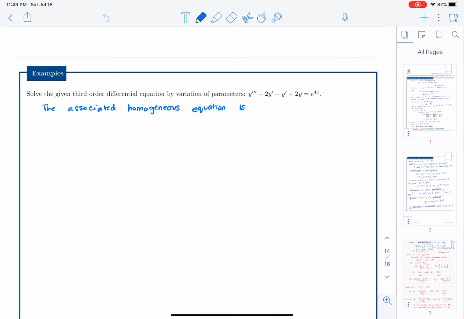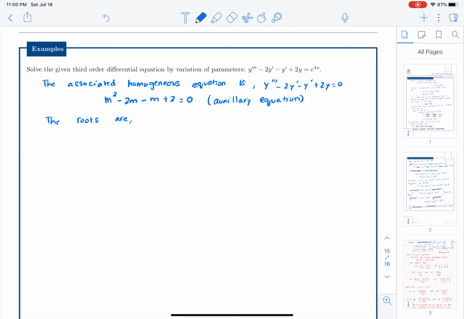So the roots here, we can factor this. If we pull m squared out, we have m minus 2, and minus 1 out, m minus 2 equals 0, which should imply m squared minus 1 times m minus 2 equals 0. M plus 1 times m minus 1 times m minus 2 equals 0.